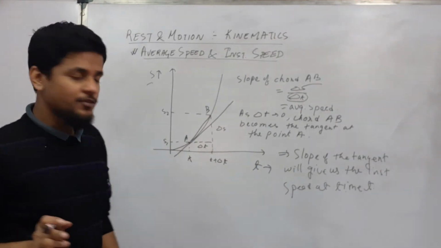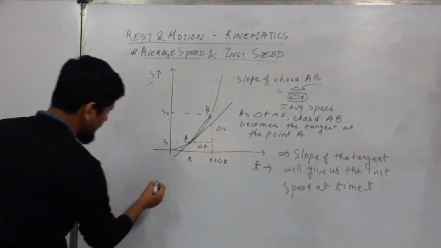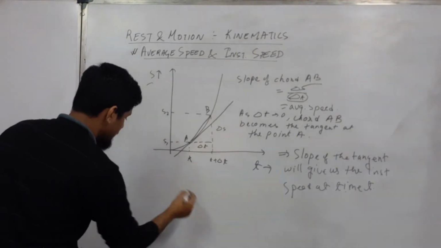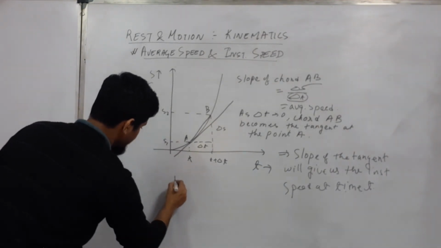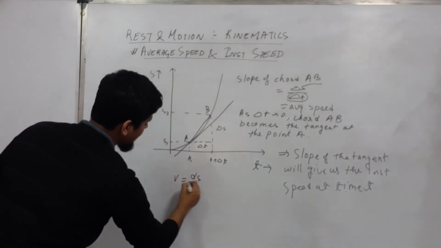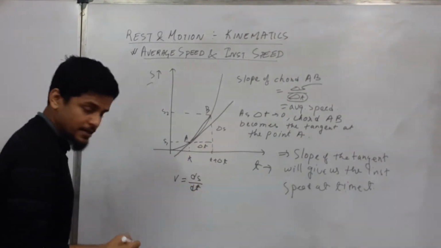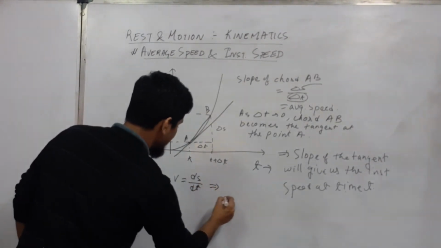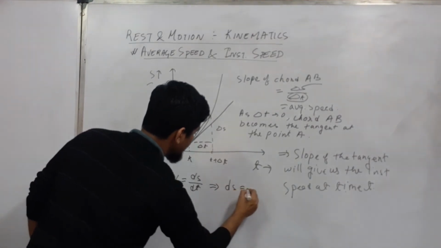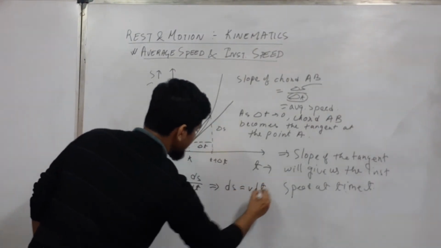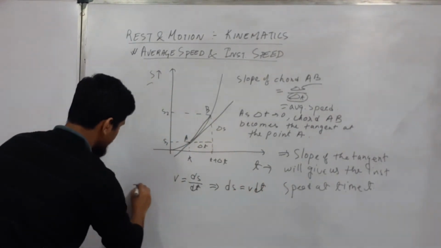Now one more thing that you need to remember is that the instantaneous speed is given by ds by dt. That implies that ds is equal to v dt.